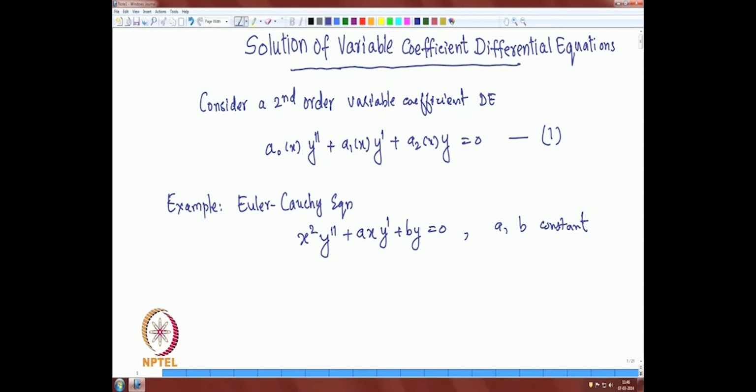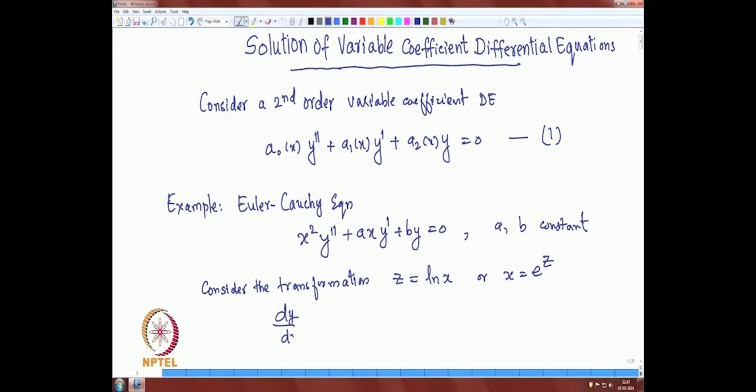Consider the transformation z is equal to natural logarithm of x, or x is equal to e to the power z. If you use this transformation, then we are changing the independent variable from x to z. So what is dy by dx?